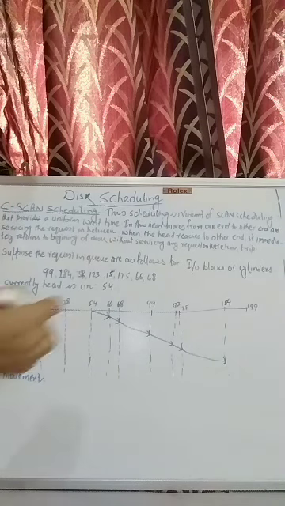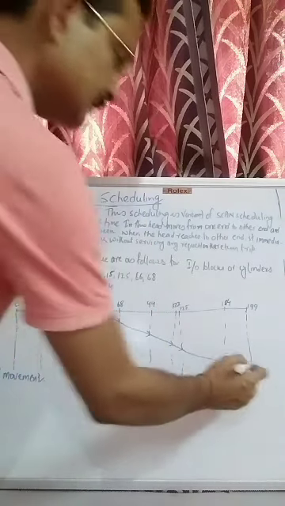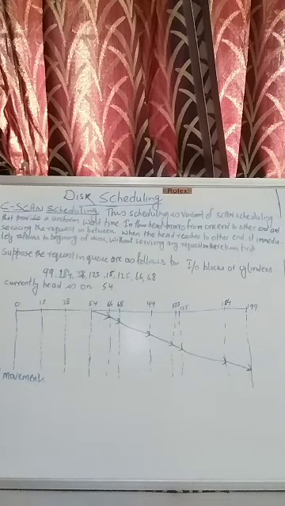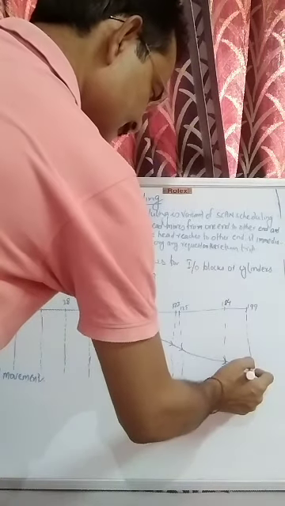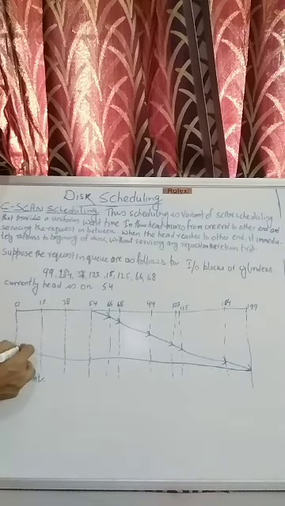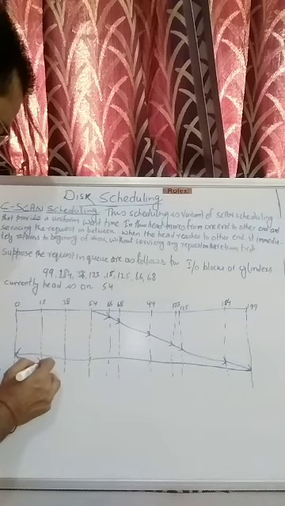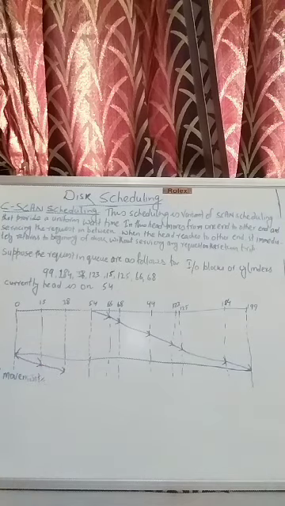After that it moves to 199, that is the last cylinder at the other end of the disk, and from there it immediately moves to the beginning of the disk, that is cylinder number 0, and then it processes the requests for cylinder number 15 and cylinder number 38.